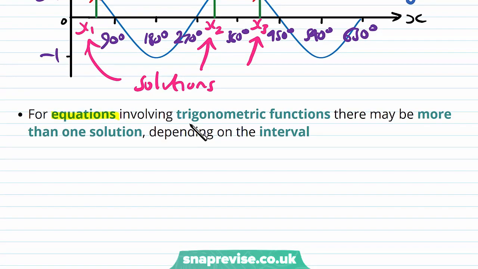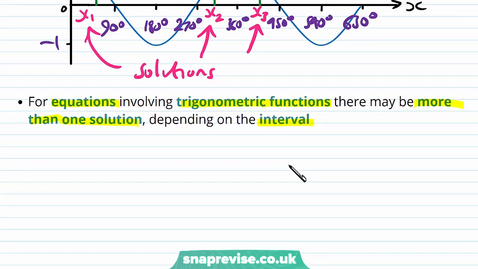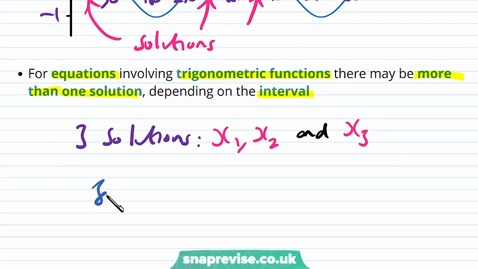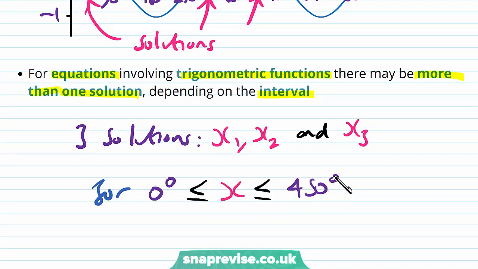For equations involving trigonometric functions, there may be more than one solution, depending on the interval. In this case we have three solutions, x1, x2, and x3, because this corresponds to the interval 0 degrees less than or equal to x less than or equal to 450 degrees. Other intervals may give different numbers of solutions.